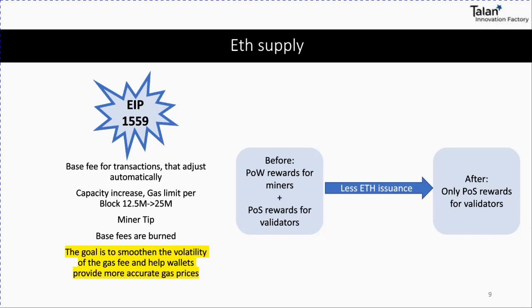Let's say we have regular activity on the network, and all the blocks contain a 12.5 million gas limit. Then something happens, maybe a new interesting coin or a new DeFi application, and there is a lot of activity, so we have a lot of transactions.